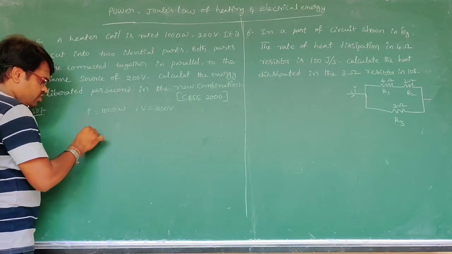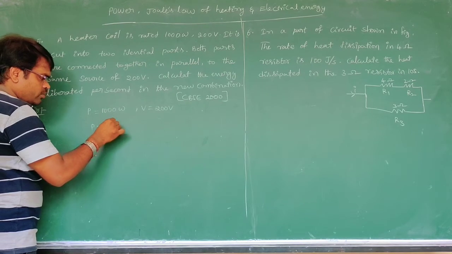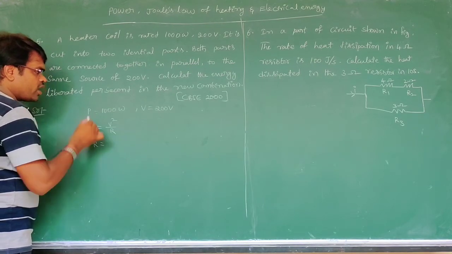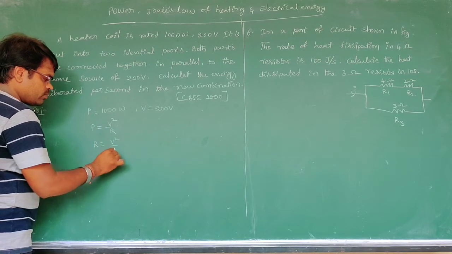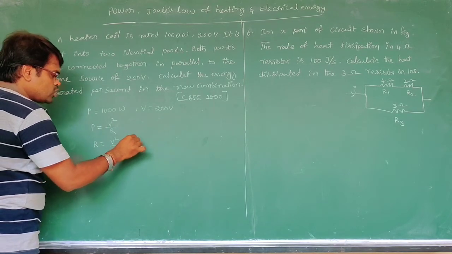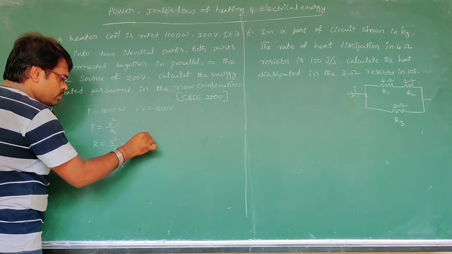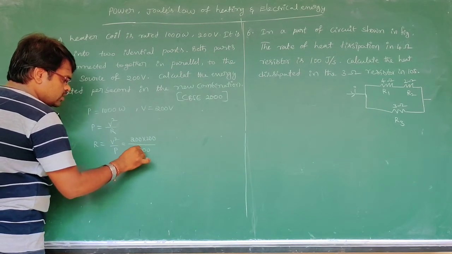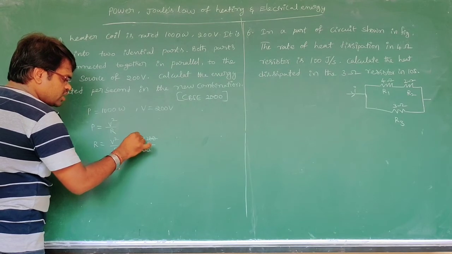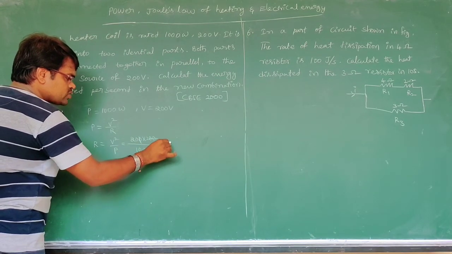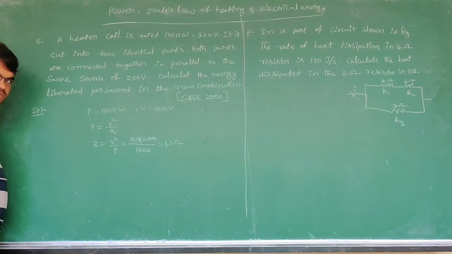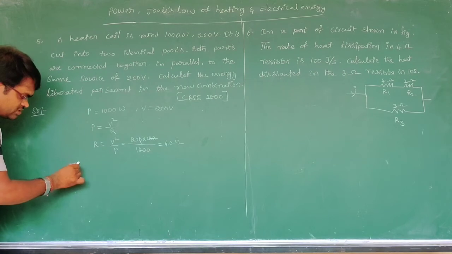The resistance formula: P is equal to V square by R. That is R is equal to V square by P. V square means 200 into 200 by 1000. 3 zeros cancel. So R is 40 ohms. Now this heater is cut into two equal parts, which means each part has a resistance of 20 ohms.